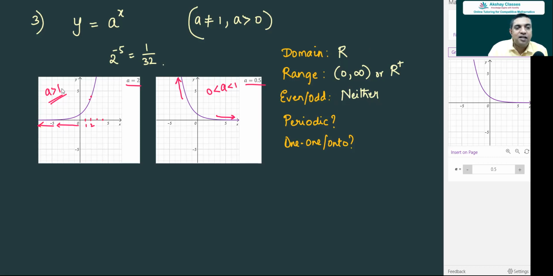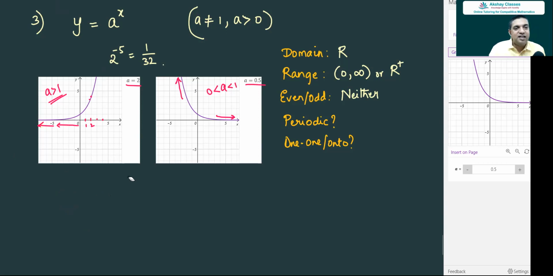Interestingly, these two put together are mirror images of each other. This 2 power x and 1 by 2 power x are images of each other, but this graph itself is not symmetric about the y-axis. There is no symmetry. It is not a mirror image.